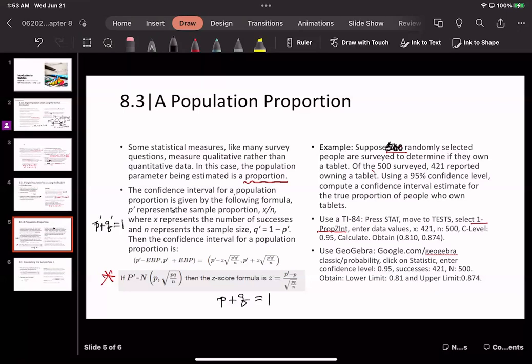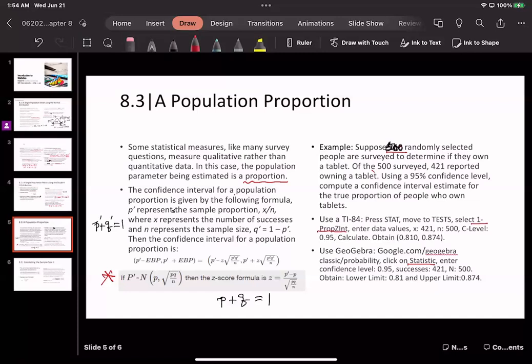The other approach is to use GeoGebra. Go to google.com and type in GeoGebra Classic probability, then select statistics. Enter confidence level 0.95, success number 421, sample size 500.